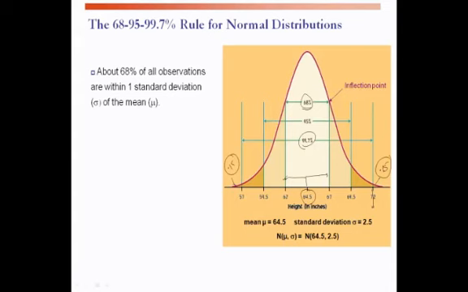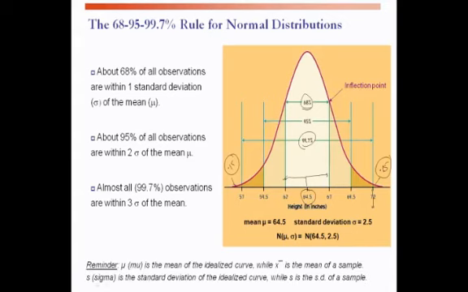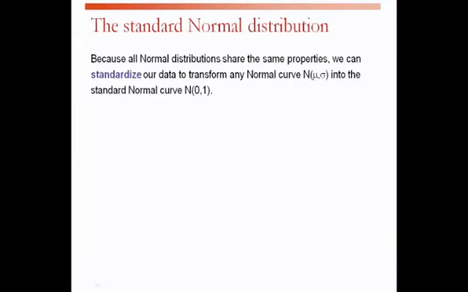Okay, so we know that. So the table I gave you is called the standard normal. It's called the standard normal distribution. That's the table I gave you. And the standard normal distribution has specific properties.